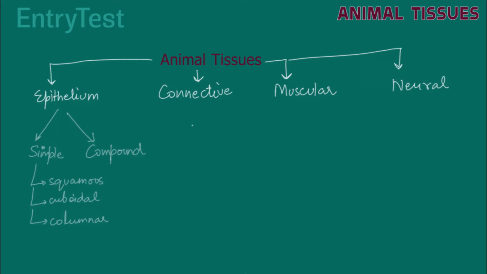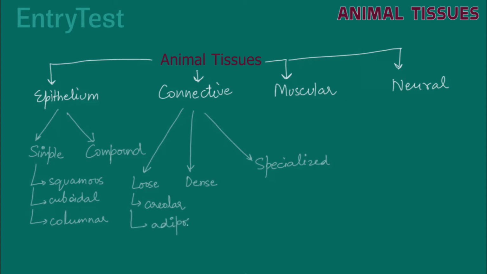Coming to the connective tissue, the connective tissue is of three main types. One is loose connective tissue, then you have dense connective tissue, and finally specialized connective tissue. Coming to loose, there are two main tissues that we'll be covering under this. One is areolar, and the next one is adipose tissue.